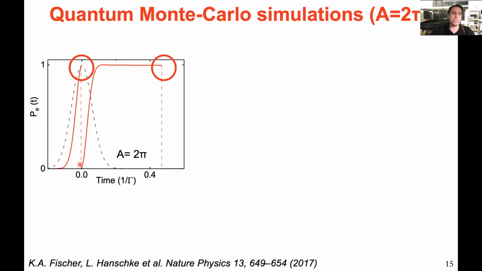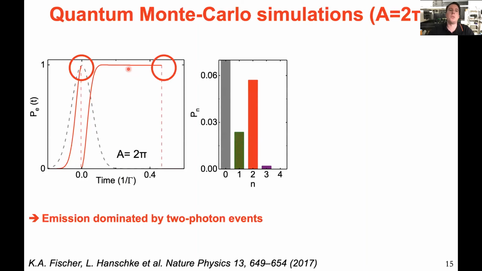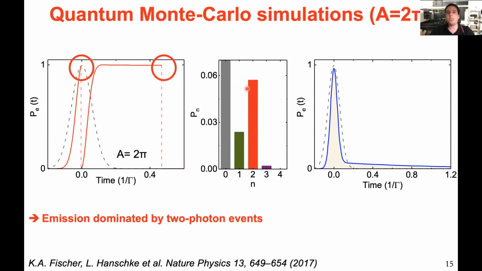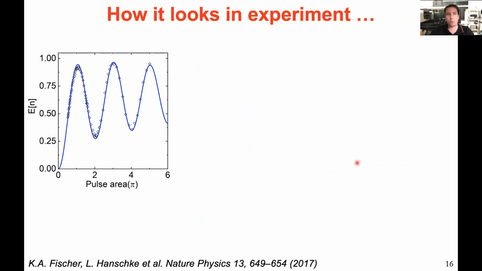This restarts the Rabi oscillation, leading to a high probability of re-excitation and a second photon emission. So either we get no photon out of the system, or we get predominantly 2-photon pulses. And this can also be seen when we look at the ensemble excited state probability: you have first the possibility to be excited while the pulse is there, and then see the spontaneous decay afterwards.